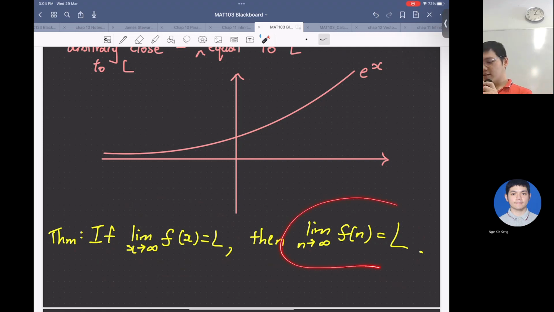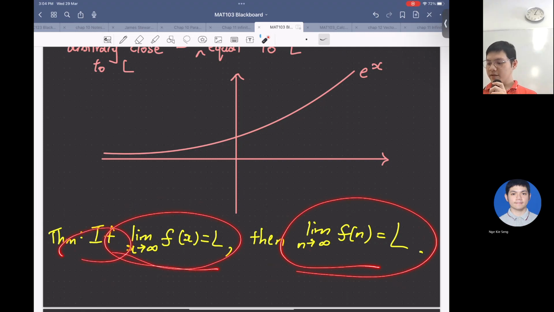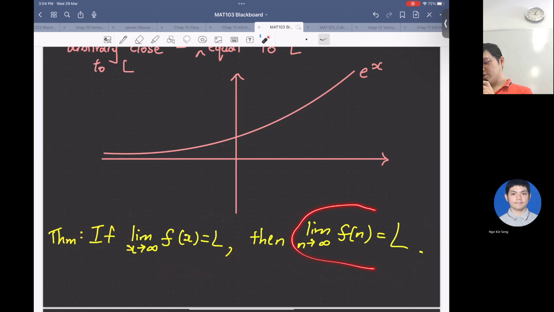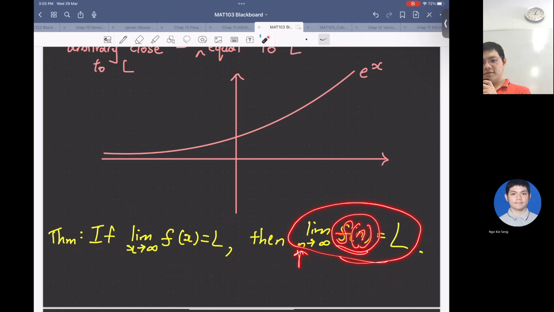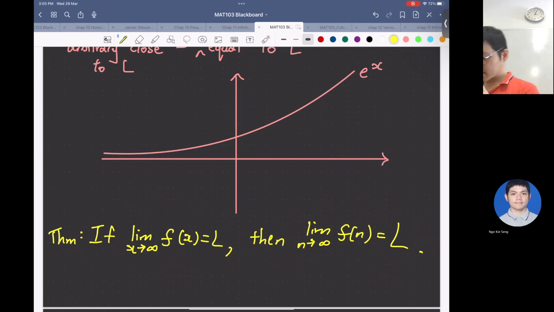For this kind of theorem, normally we are interested in this Q part here. So we want to find when the function is evaluated at, so there's some rigor here.